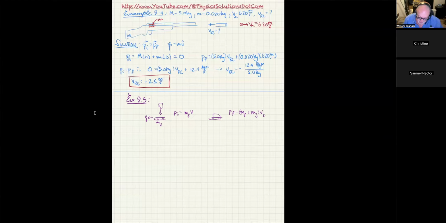Now, what you see is that P initial equals P final. That's going to give us the mass of the sled times the initial velocity of the sled is equal to the mass of the sled plus the mass of Jeannie times the new velocity.